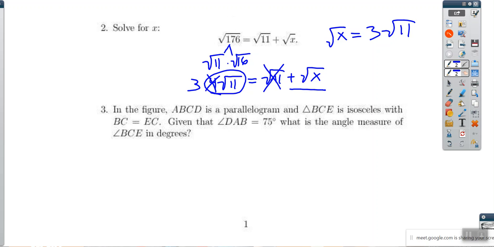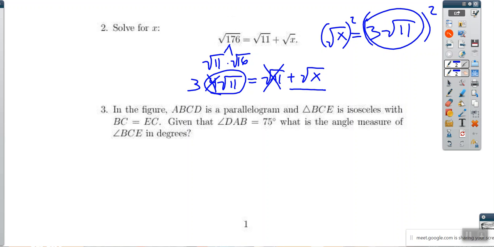Okay. So, all right, well, here's a better way to explain it. What's the opposite of square rooting something? Square, second power. Right, so we will square both sides.